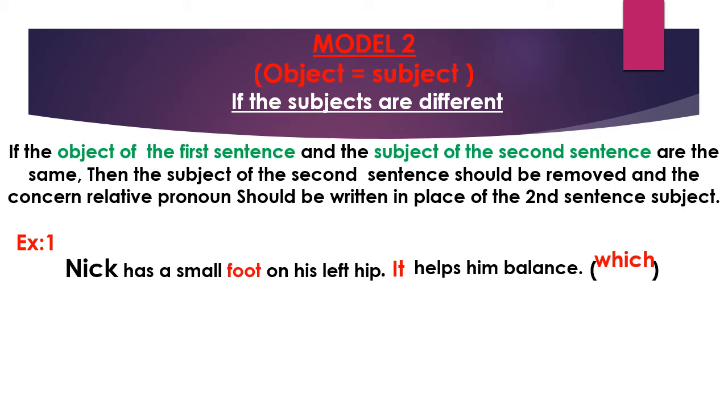Here Nick is a subject. Has is a verb. A small foot is an object. Here it is the subject of the second sentence. It and the small foot are the same. The object of the first sentence and subject of the second sentence are the same.